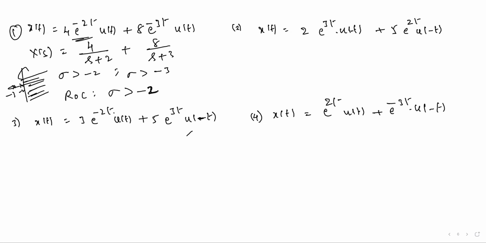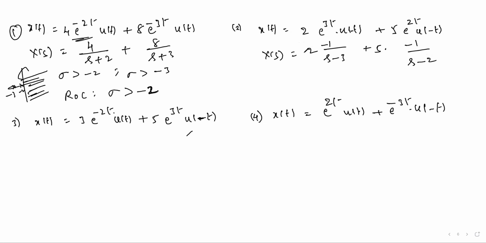Fine. Come to the second problem. This is x of s: 2 into 1 by s minus 3, plus 5 into, since u of minus t is there, minus 1 by s minus 2. What happens to the ROC?